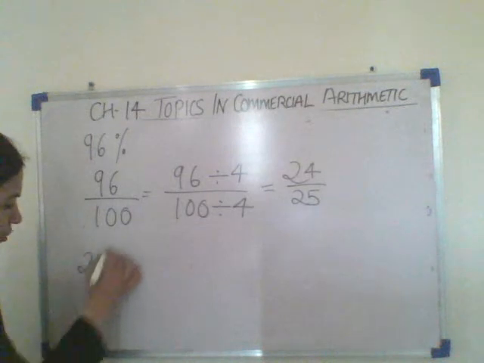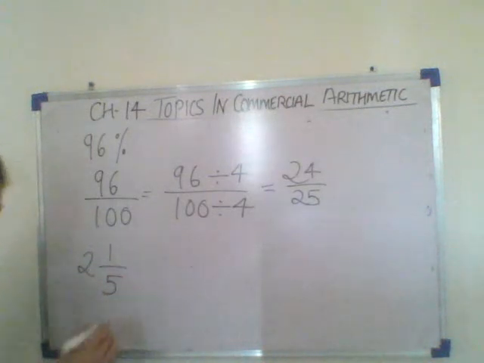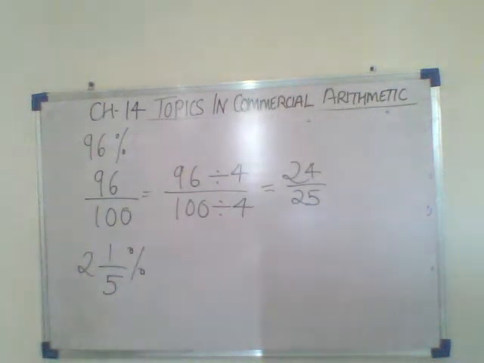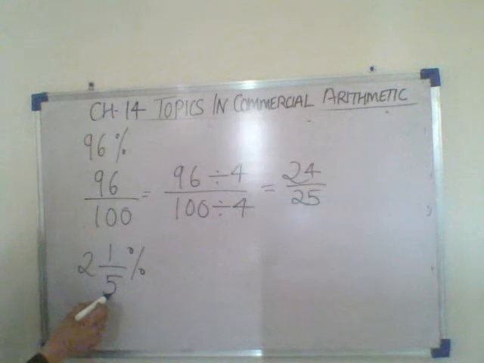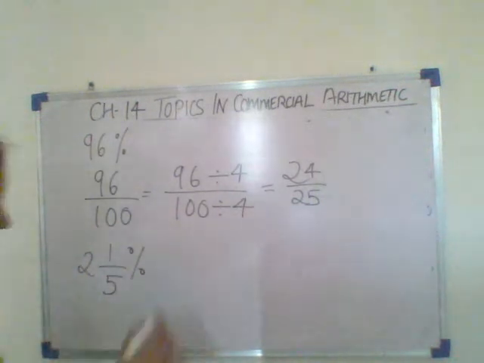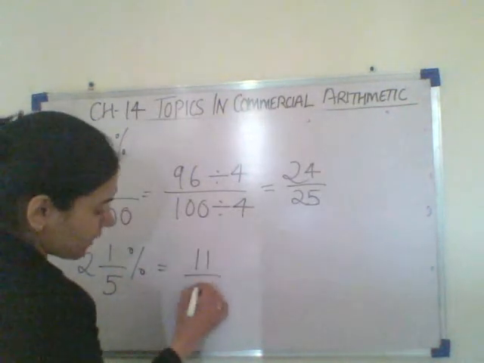Suppose the percent is 2 1 upon 5, written in the form of a mixed number. Then first convert this mixed number into a fraction. 2 multiplied by 5 is 10, plus 1 is 11.